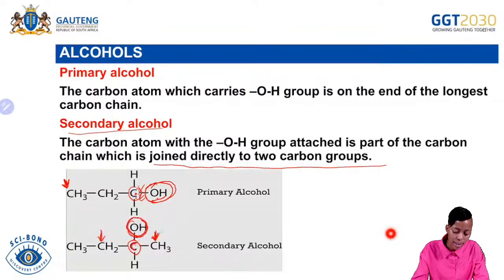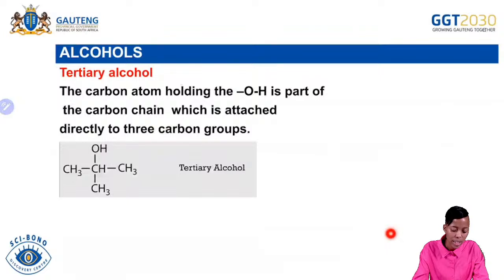Secondary alcohol, this carbon that is carrying the OH group is joined directly to what? To two other carbons. Then we have a tertiary what? A tertiary alcohol. The carbon atom holding the OH group. So this carbon that is holding the OH group is part of the carbon chain which is attached directly to what?